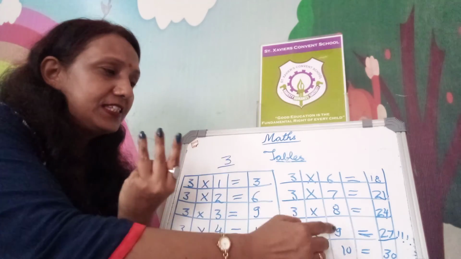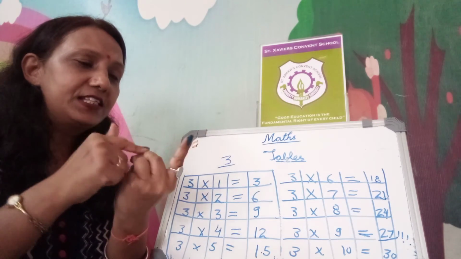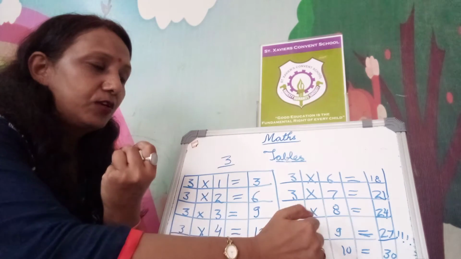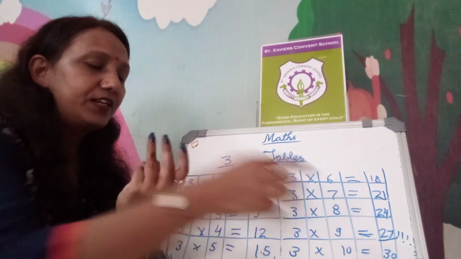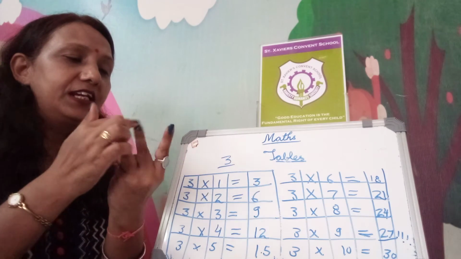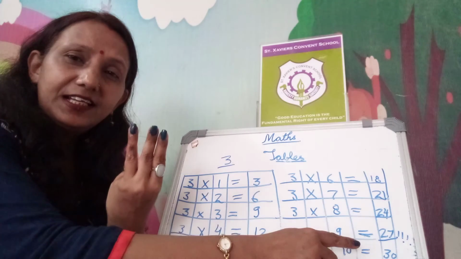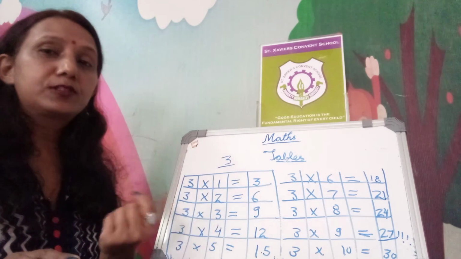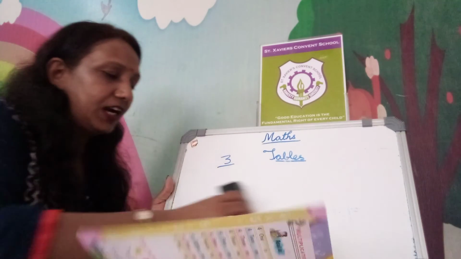Now 3 9s are, after 24, 3 more. 24 25 26 27. So 3 9s are 27. 3 10s are, after 27: 28 29 30. 3 10s are 30. This way also you can easily learn and write the table of 3.